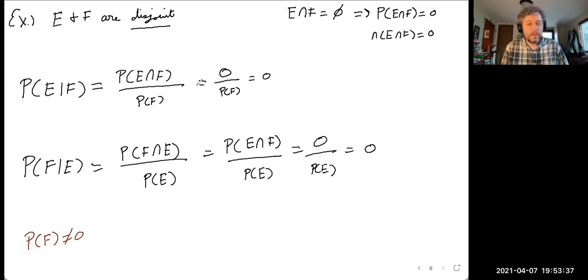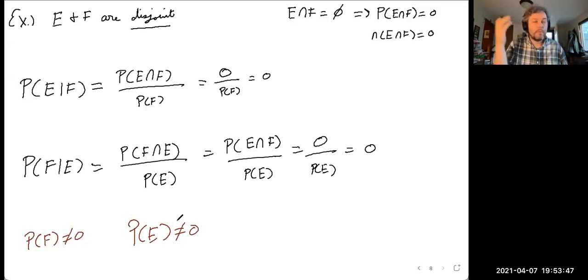Or the probability of E cannot equal 0. That's the only thing that couldn't happen in the theory of probability: I can't divide by 0.